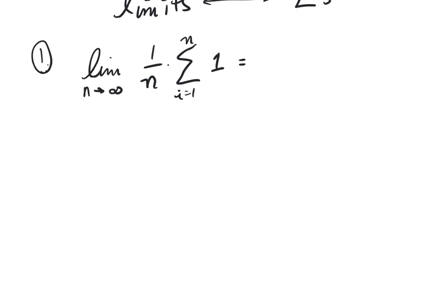What I need you to notice is where we have an n: our limit has n going to infinity. This weird fraction out front is 1 over n, and the top number in our summation is also n. So each of those n's is going to be approaching infinity. But our summation is going to be in terms of i.